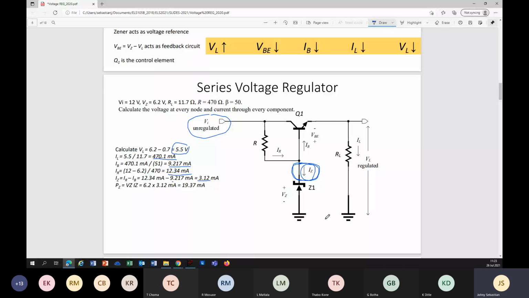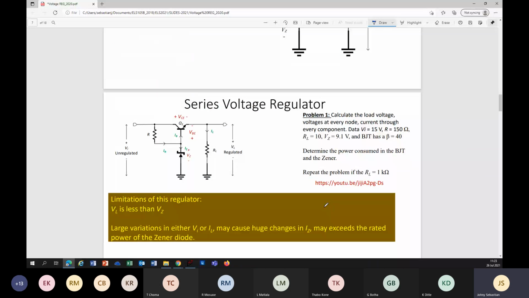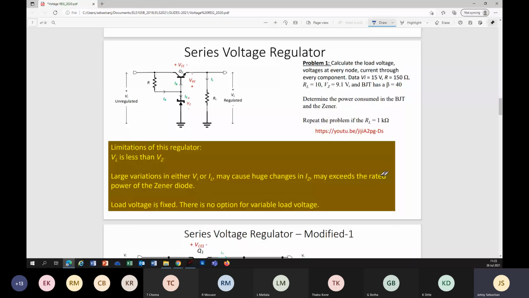There is a problem. Calculate the load voltage, voltage at every node, current through every component, given VI 15 volt, R is 150, RL equal to 10, and VZ equal to 9.1, BJT has a beta of 40. Determine the power consumed in the BJT and in the Zener, and repeat the problem if RL equals 1K.